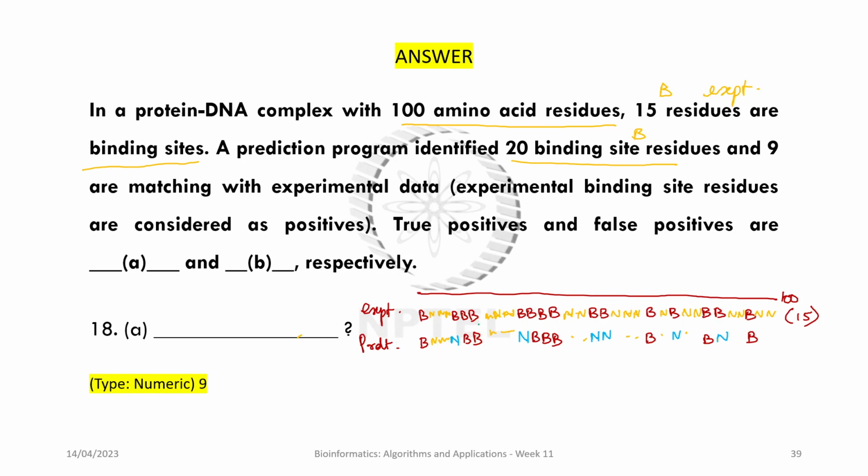Right now it is 15, right? But let's say you have N here and B, N here and another B, N here and B, 3, 4, 5. I've completed 5. So in total it has 20 Bs, right? So I will have to put some more.